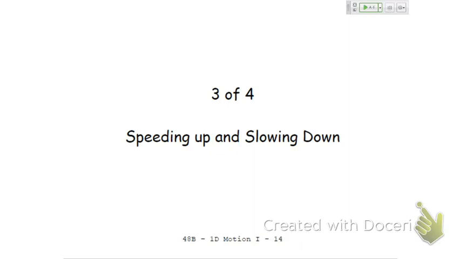How can I tell? Well, I don't know how to phrase this actually. If I'm going in a positive velocity and I do this, am I speeding up or slowing down?